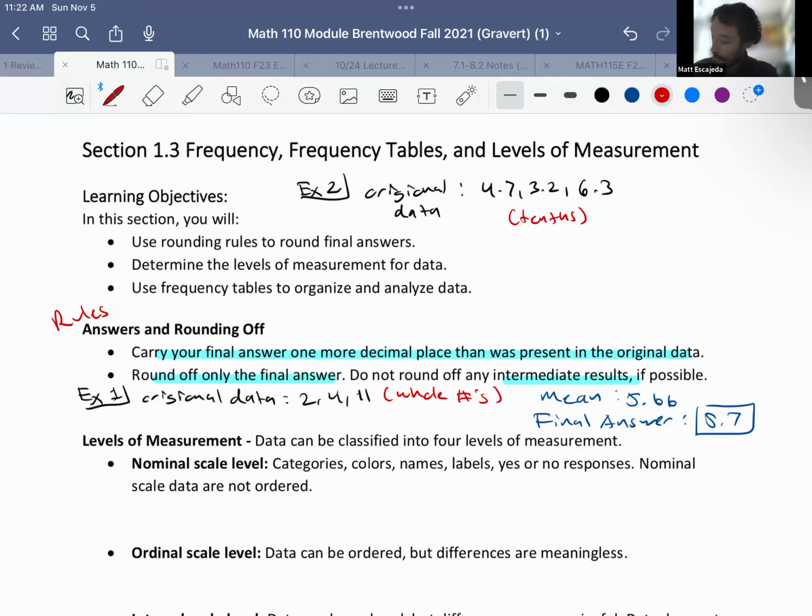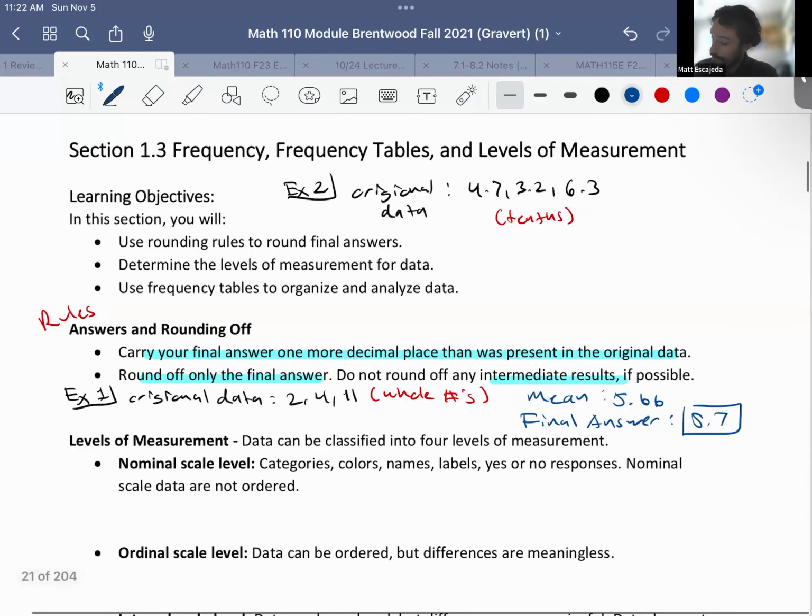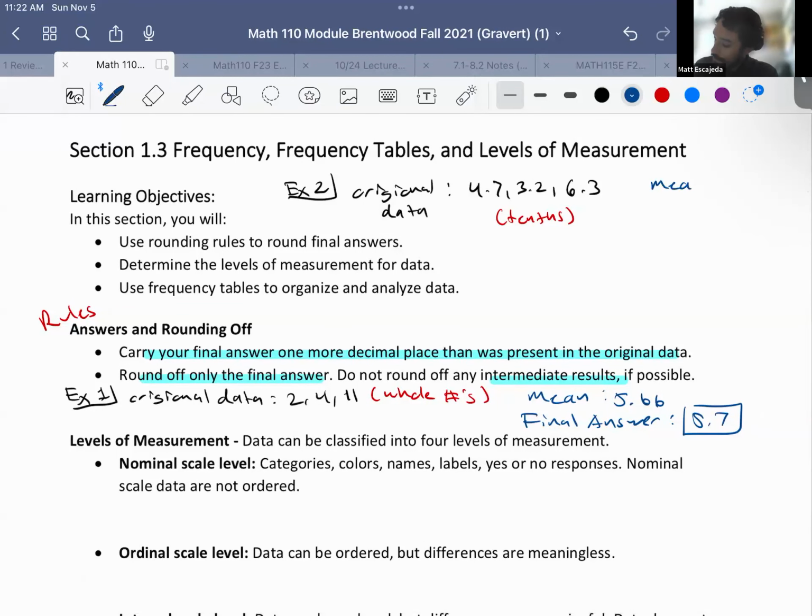Say we calculate the mean like we did for the other example. You calculate the mean, and it's 4.733, and so on and so forth. And so your final answer, the way you round this, would be something like 4.73.